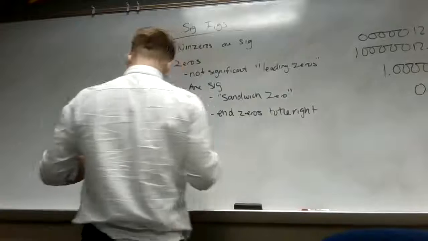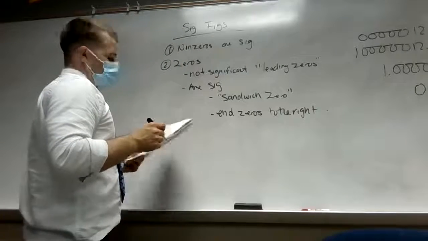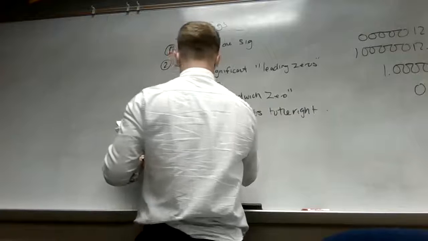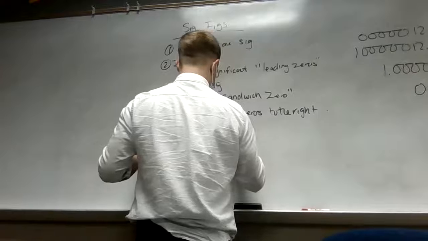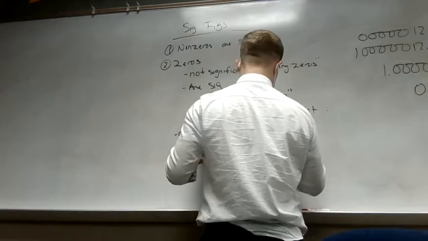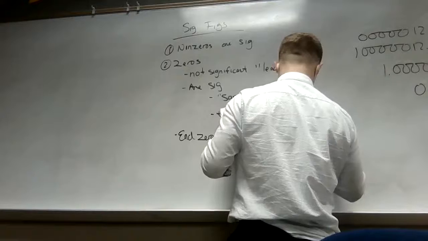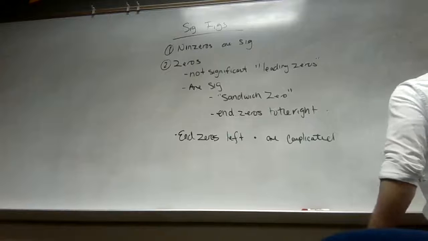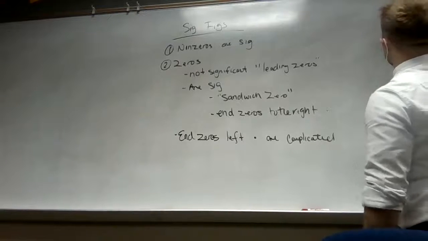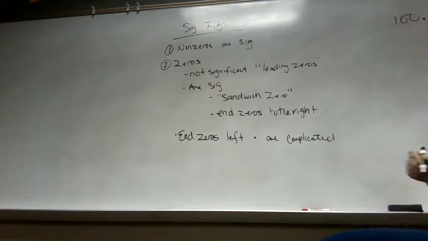So our next rule is that zeros to the left of the decimal, we're going to say are complicated. They're complicated because you can note them different ways. So if you write 100 with a decimal point, I don't like this notation, most people don't. Anyway, that would have 3 significant figures, right? Because we're going to treat this as though they're sandwich zeros. That decimal says, hey, they're all significant.